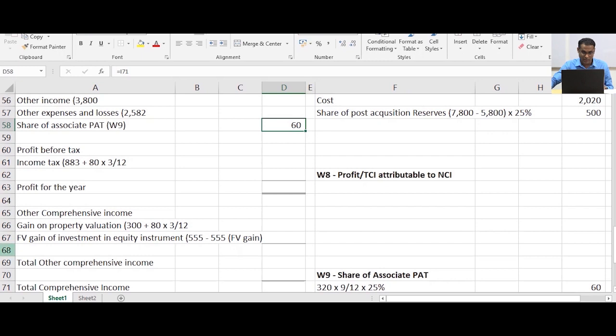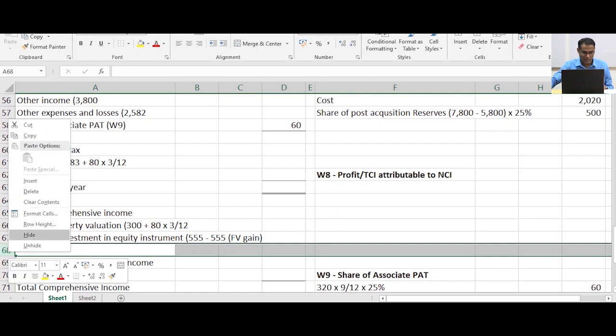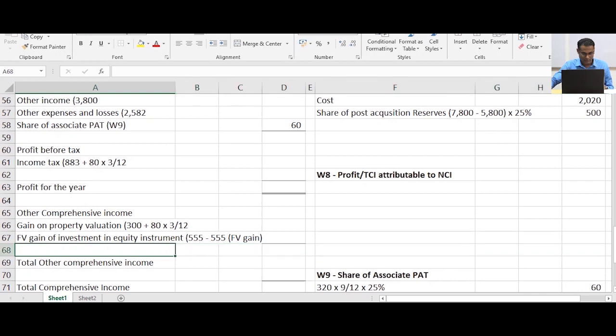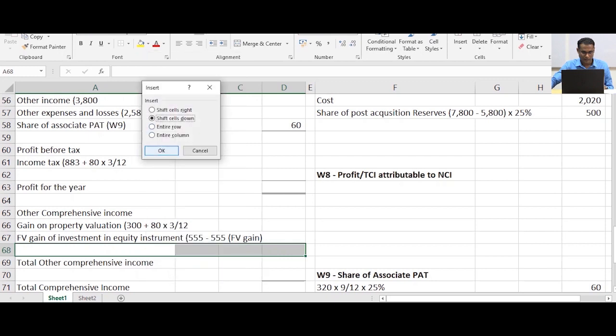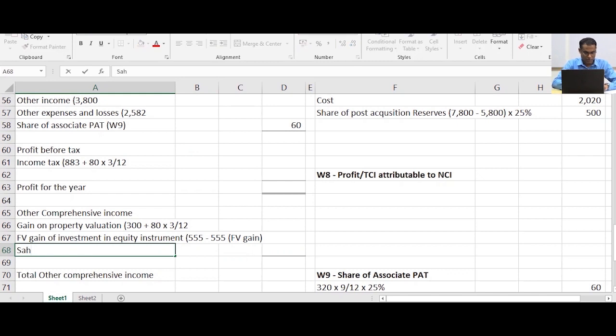As I haven't kept any space, I insert a line here. Okay, I'll take one more line item here saying share of associate other comprehensive income, OCI, share of associate OCI.